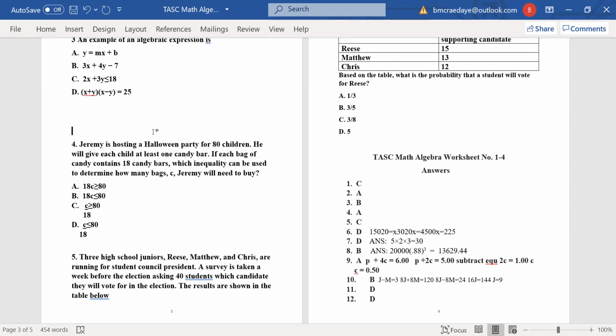C represents the number of bags. C is the number of bags, and each bag contains 18, and he has 80 children he's hosting for.